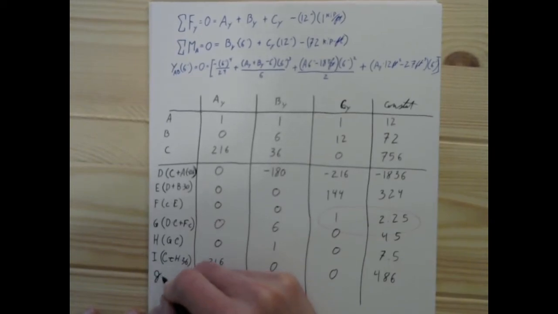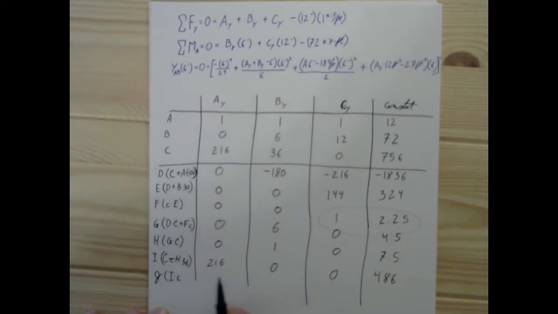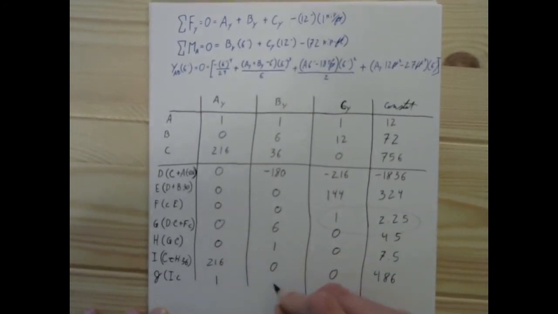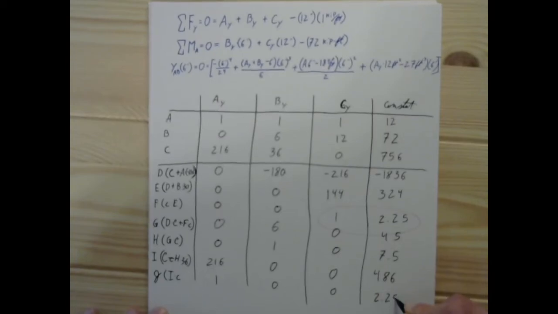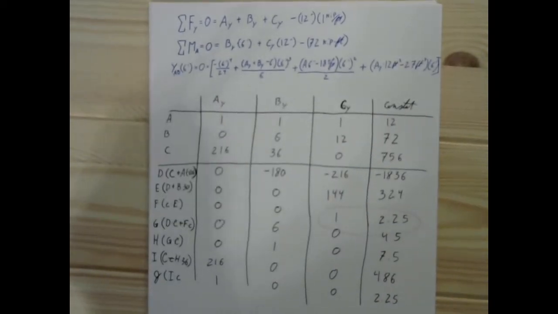Finally, J, which is going to be I times some constant. That constant is going to be 1 over 216. So we get 1, 0, 0, and that's going to be 2.25, which is pretty relieving, right? There we go, that's the good red pen.